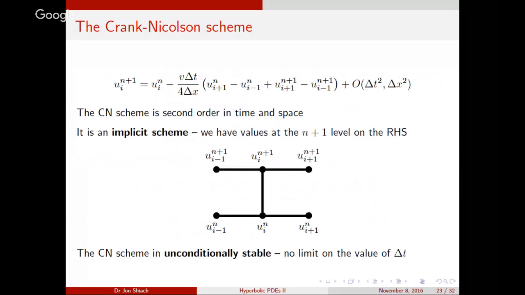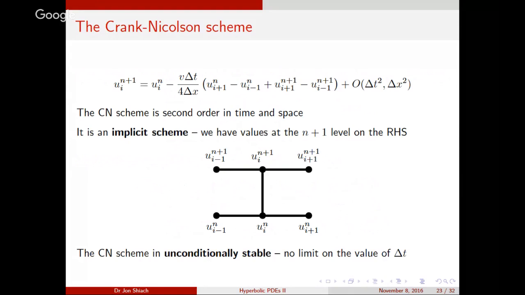So there's the stencil. If I want to calculate the value of that node, I need the value of all of these. But let's say I calculate that one and then move over to the next node. That node is going to depend upon the value of that node. Well, that node depends upon the value of that node. So it's what we call implicit. These tend to be a bit more involved to actually calculate.